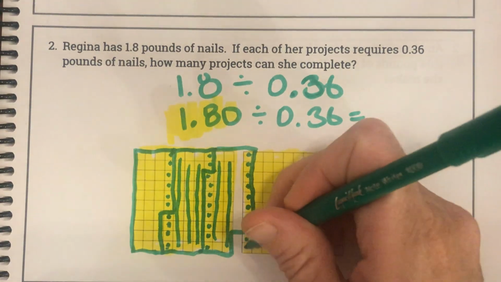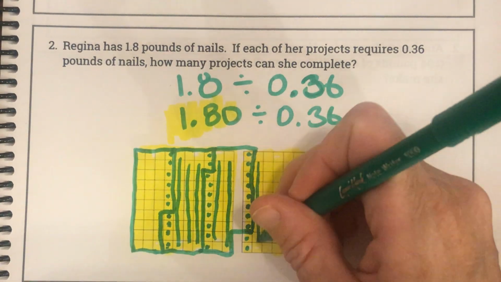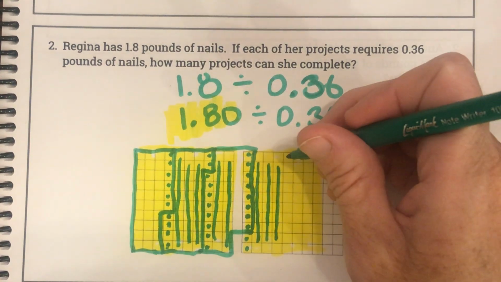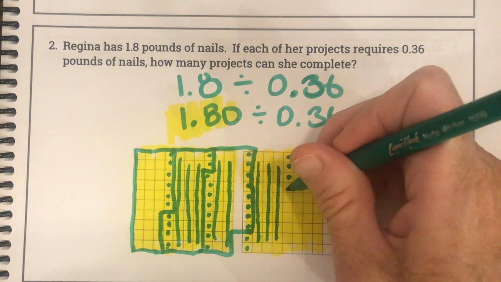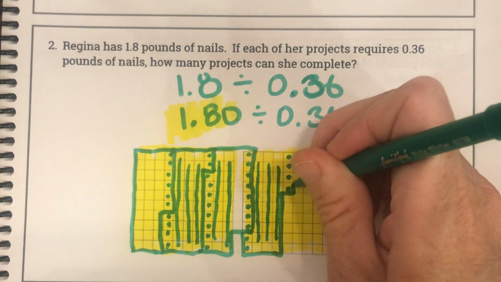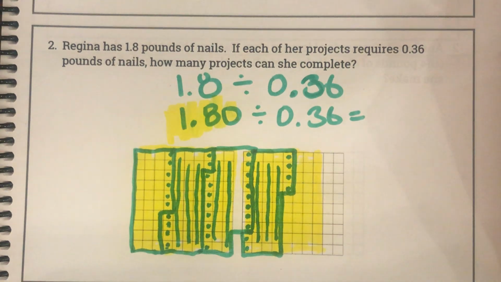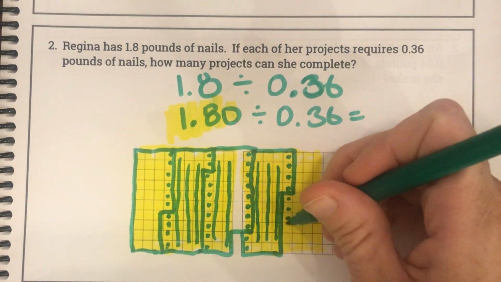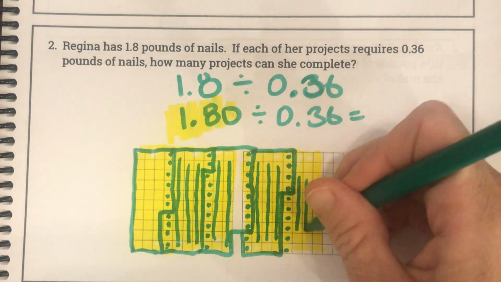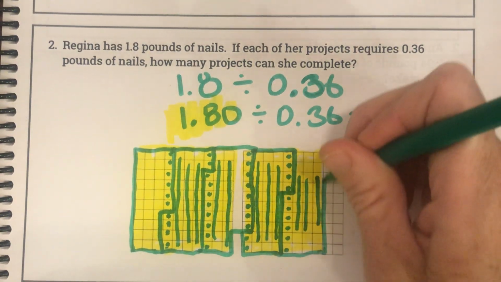Okay, ready? 1, 2, plus 10's 12, 22, 32, 33, 34, 35, 36. I like how efficient that is though. Okay, ready? 1, 2, 3, 4, 5, 6, plus 10, 16, 26, 36.